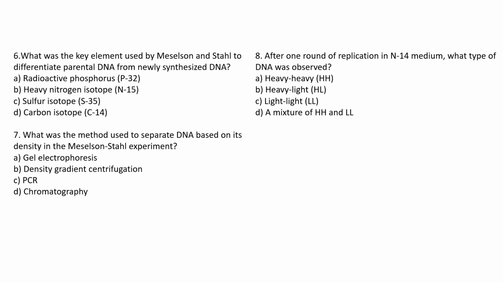So in the very first round of replication after the G0 stage, you're going to have a completely hybrid stage where you have both of the parent strands entwined with fresh light strands or daughter strands.